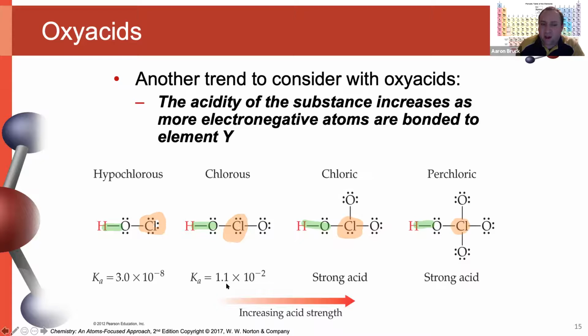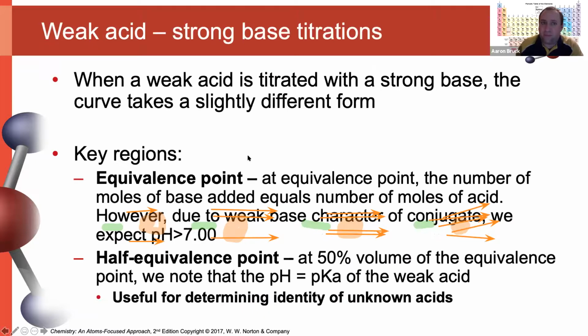We see that our Ka values increase and increase and increase. Why do they increase? Well, oxygen is electronegative also. And so that pulling away effect that we saw becomes greater the more oxygens we add, and that weakens the OH bond and makes the acid stronger because it's easier to break that bond.